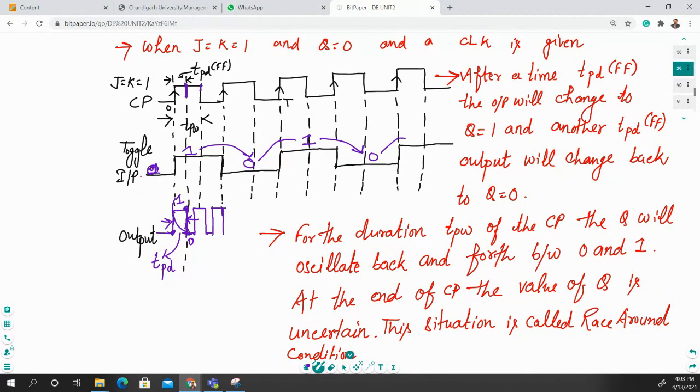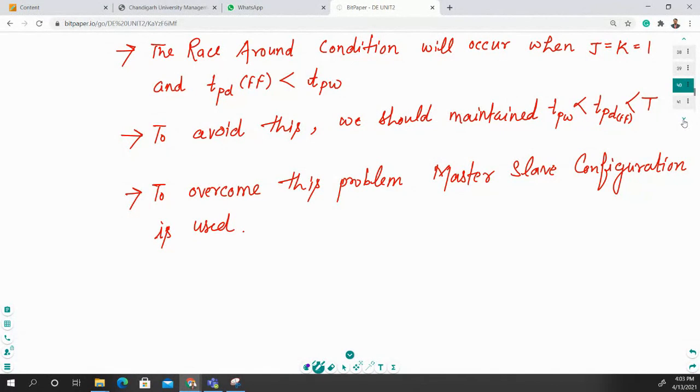Now again, this clock pulse is dropping right here, and this 0 signal is changing to the 1 position. Again you can see right here this clock pulse is changing, and when this is changing, it is giving output from 1 to 0. When the next trigger pulse arises, it again changes from 0 to 1. So this is called a race around condition type of problem.